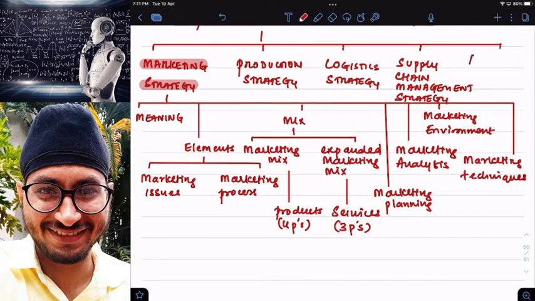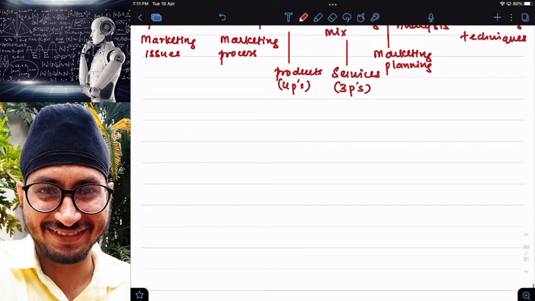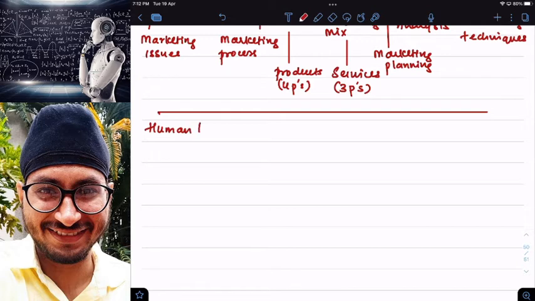Then we have research and development strategy, R&D strategy. Then we have human resources strategy.